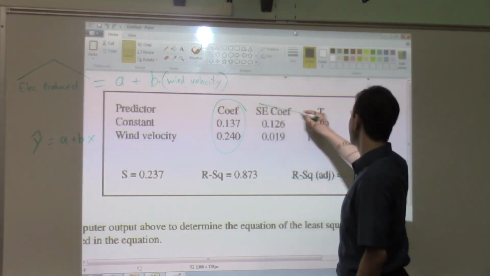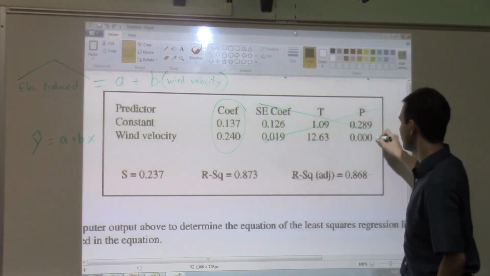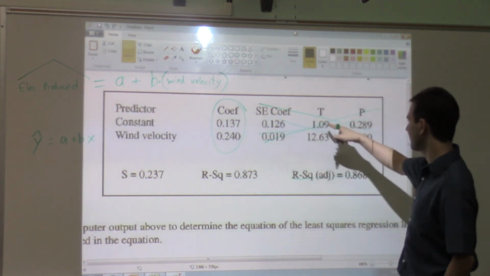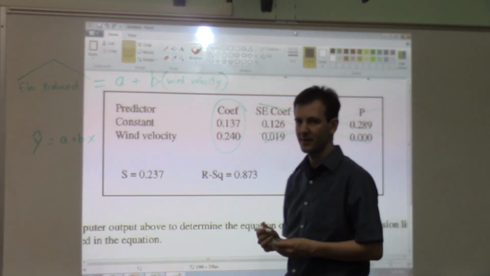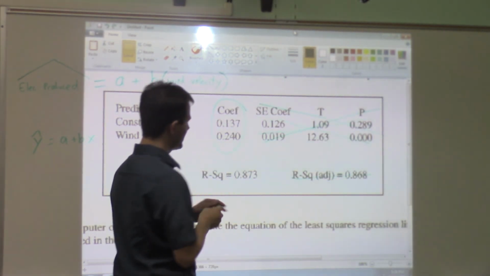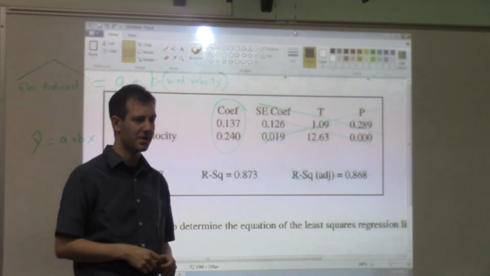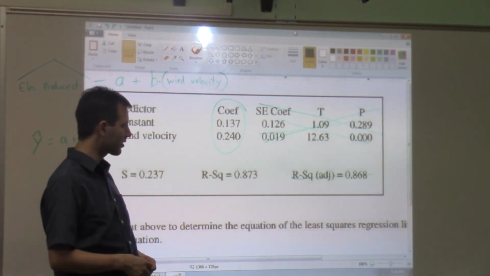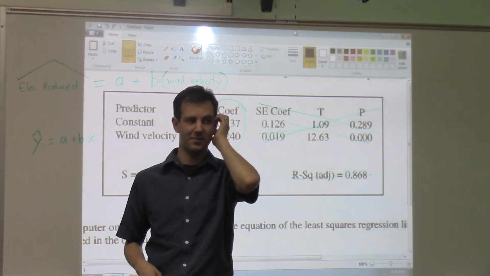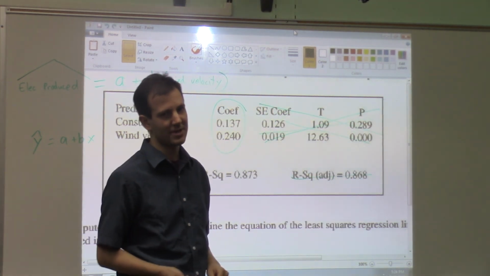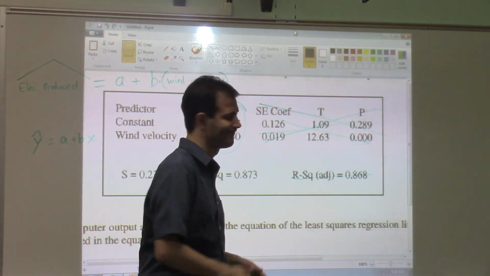But all of this stuff is unnecessary until chapter 12, and you're not even going to know what a t distribution is until chapter 10 or 11. So none of that is anything you have to worry about on the AP exam. There will probably be one question that involves something over here on the AP exam, and we'll get to that when we talk about chapter 12 briefly. And that's it.